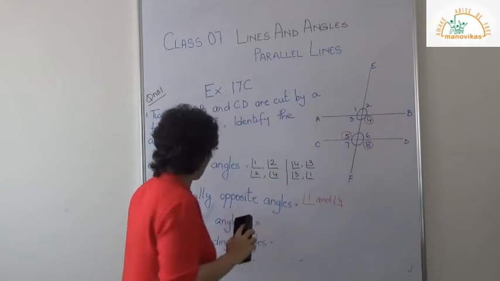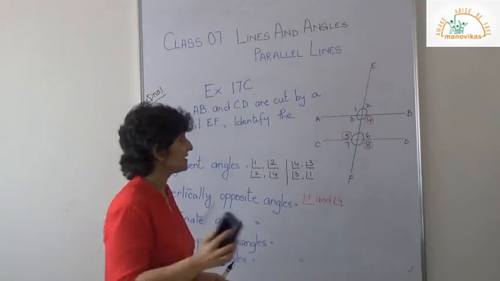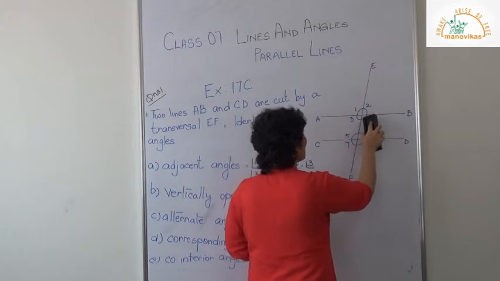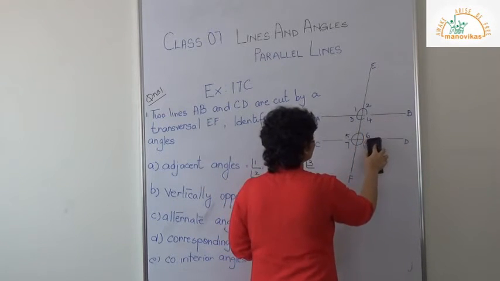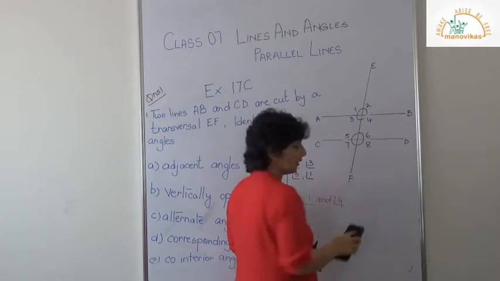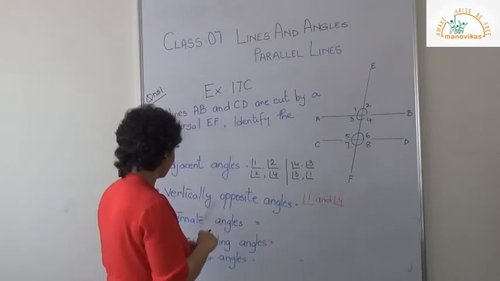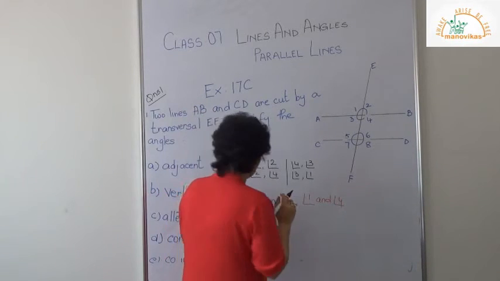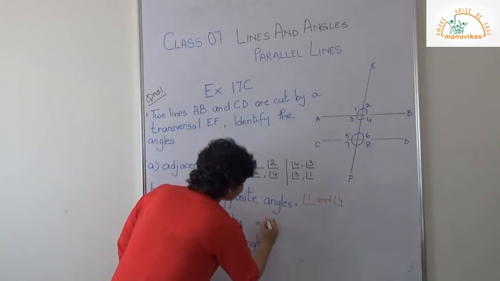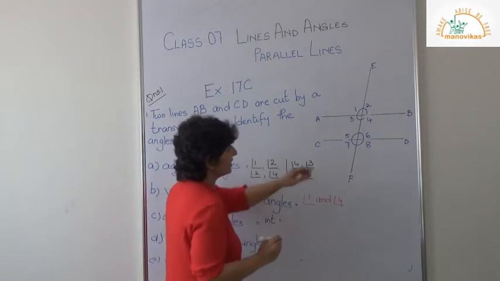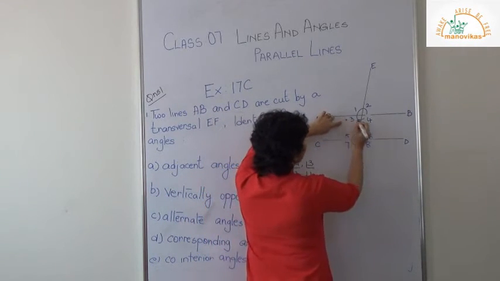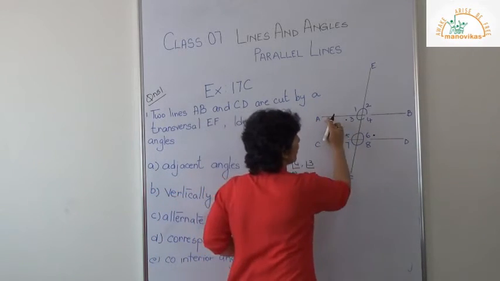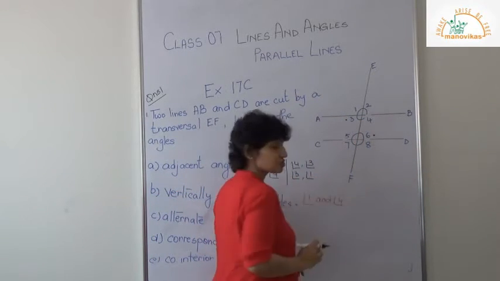Next, we have alternate angles. Now, they haven't told you whether it is alternate interior or alternate exterior angles. You have to do it. You will divide it and write. Now, if I say alternate interior angles, which are those, children? Alternate interior, if I take angle 3 and angle 6. These are alternate. Don't forget the Z shape.